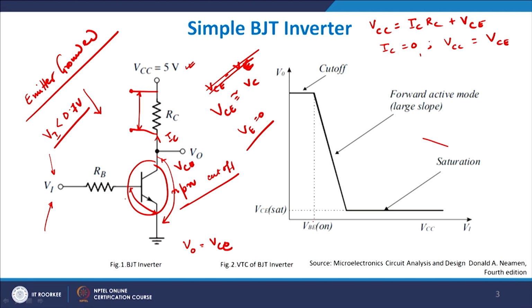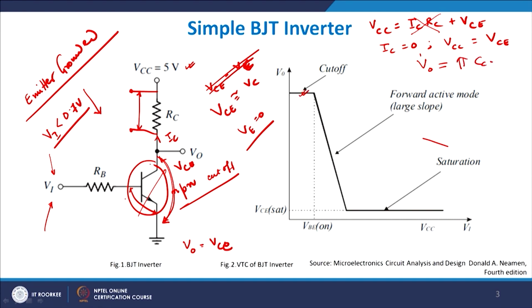Now, when my IC equals 0, VCC equals ICRC plus VCE, and this term goes off, and therefore the voltage across this is pretty large, because all the voltage drop will be across this. So this is cut off, and therefore I will get V0 to be a high value equal to VCC, and you get a large value here.